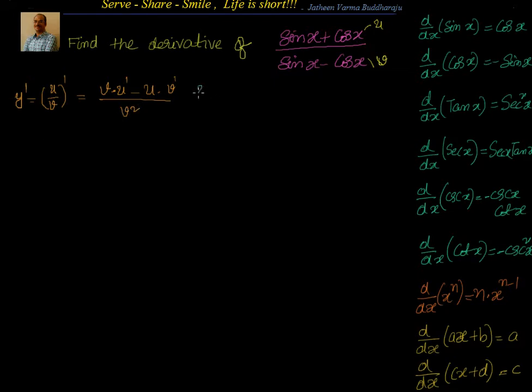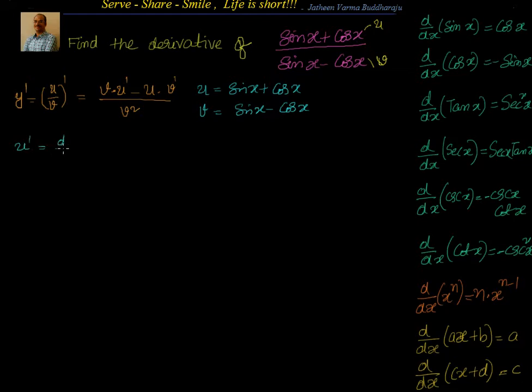We also know u equal to sin x plus cos x, v equal to sin x minus cos x. Let's find out u dash and v dash so that we can substitute in the formula.